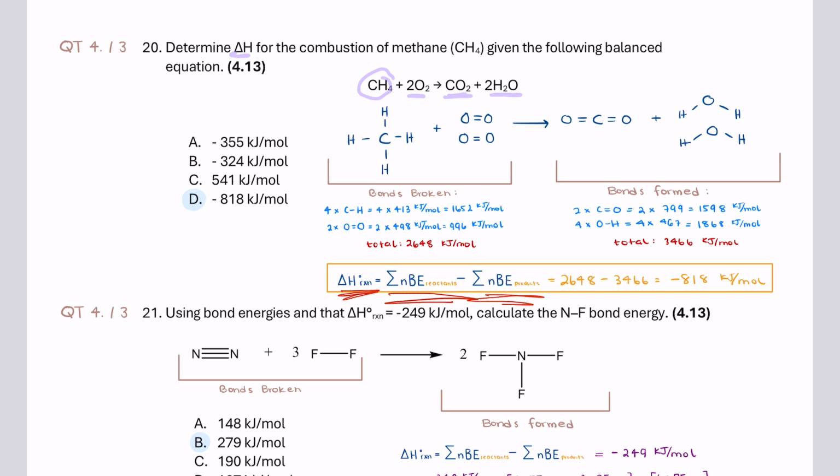Let's look at the balanced equation for the combustion of methane. In our reactants, we have a methane molecule. In the methane molecule, we have 4 carbon-hydrogen bonds. We know for each carbon-hydrogen bond broken, that is going to require 413 kilojoules per mole of energy.